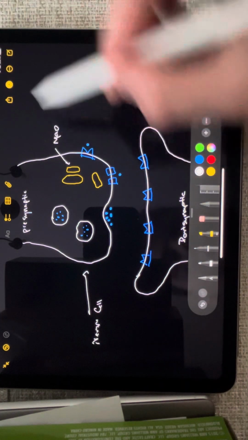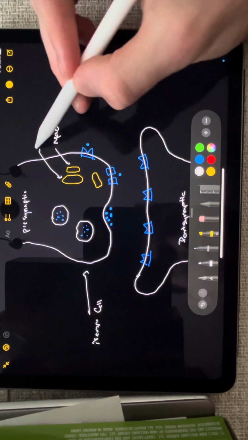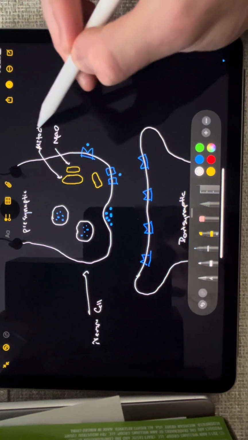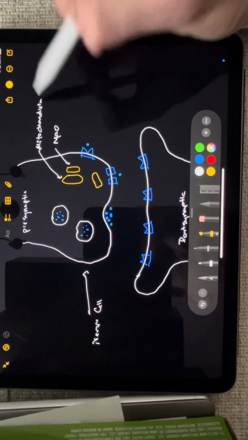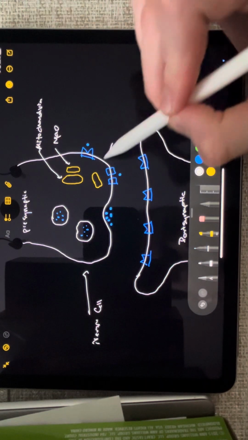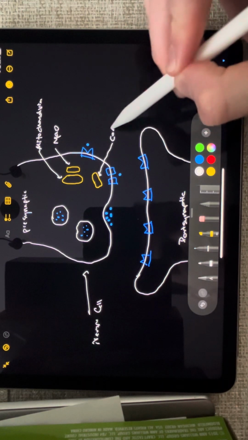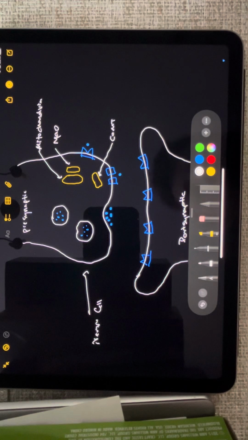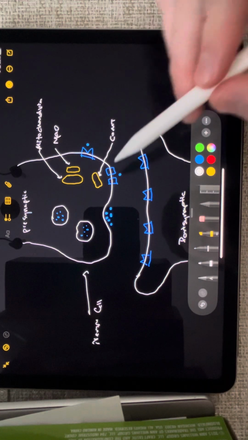We have a mitochondria right here. And this protein is COMT. And MAO and COMT will be used to help transport these signals and amplify them from our ligands.